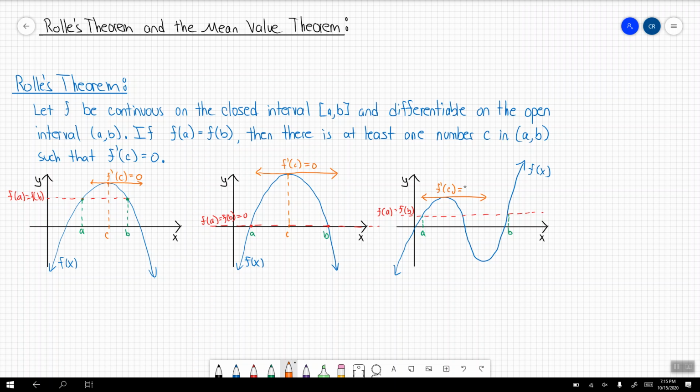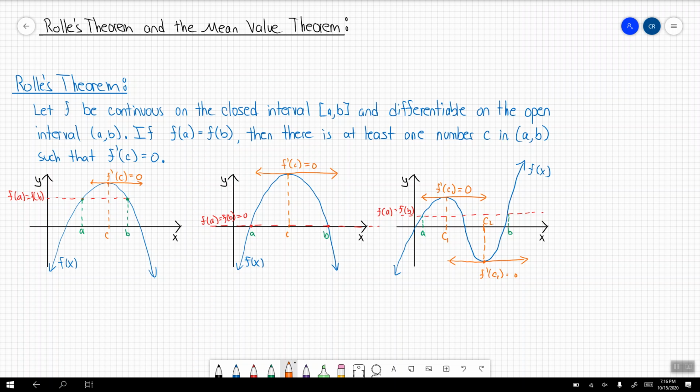Call this C1, where f prime of C1 is equal to 0, and there's also a different value, C2, where f prime of C2 is equal to 0. So again, Rolle's theorem just guarantees that you're going to find at least one. There could be more of these turning points, but you're going to find at least one of them.